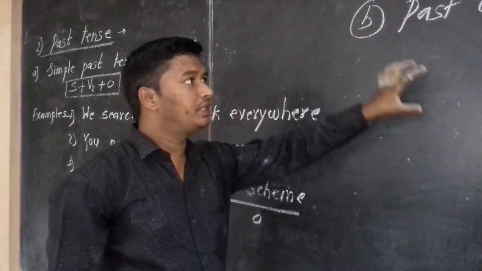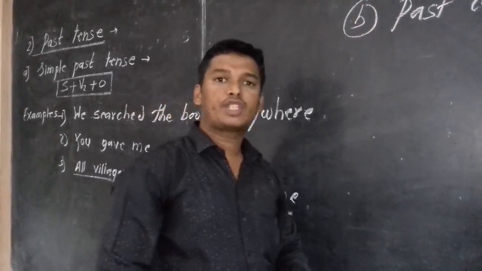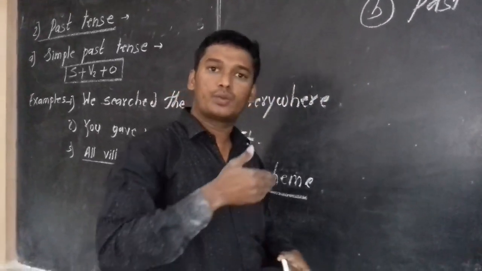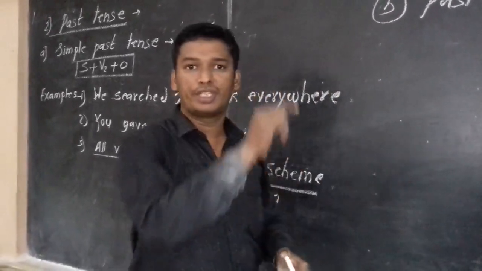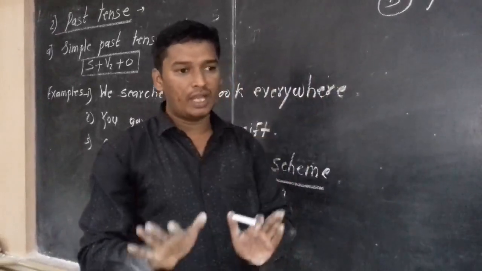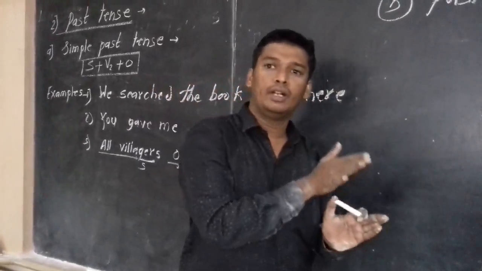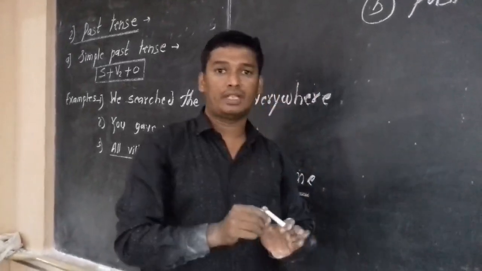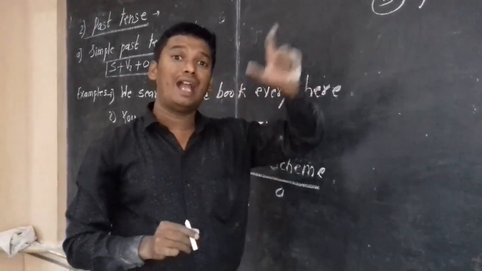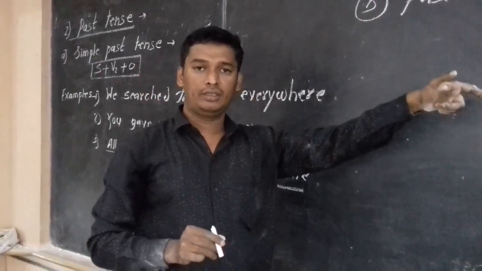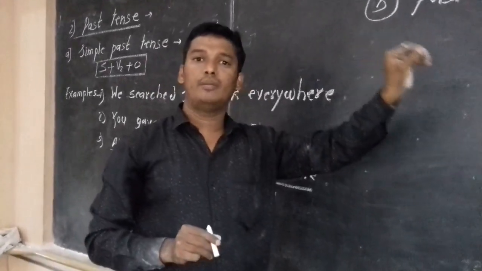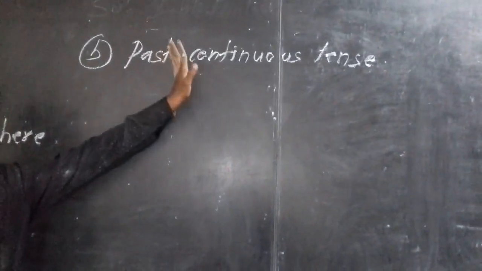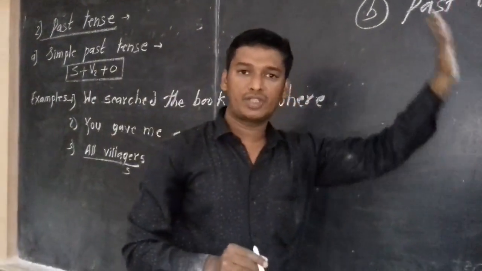This tense is used to express such action which was going on at the time of speaking in the past. Suppose that yesterday you were working on your project at this time, then that action is the example of past continuous tense.